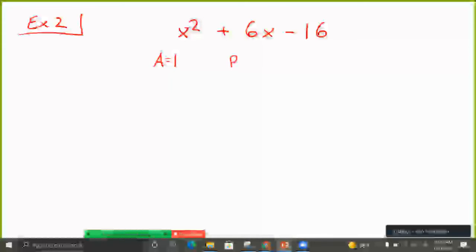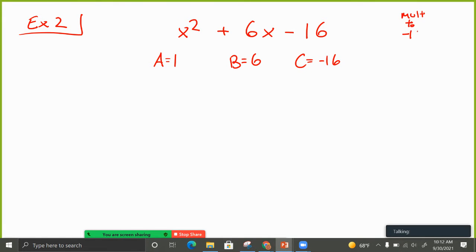A is 1, B is 6, and C is negative 16. So our list now: one number negative, one positive, multiplies to negative 16, adds to 6.